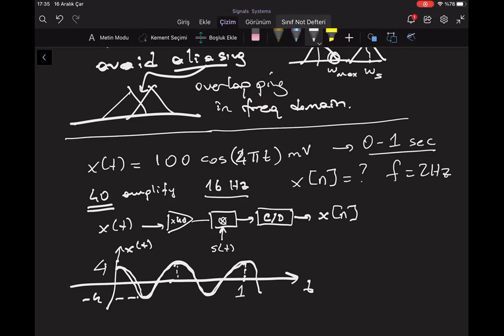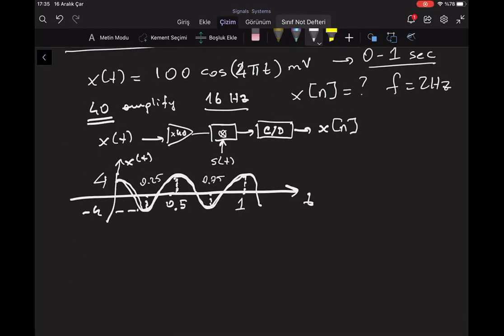What is the time here? 0.5. Here, 0.25. Here, 0.75, right? Herkes buna benzer bir şey çizdi mi arkadaşlar? Yes?